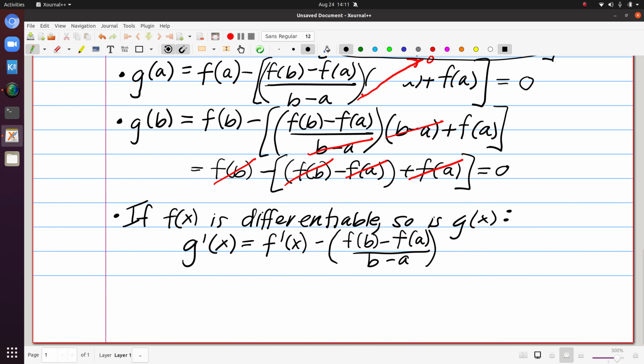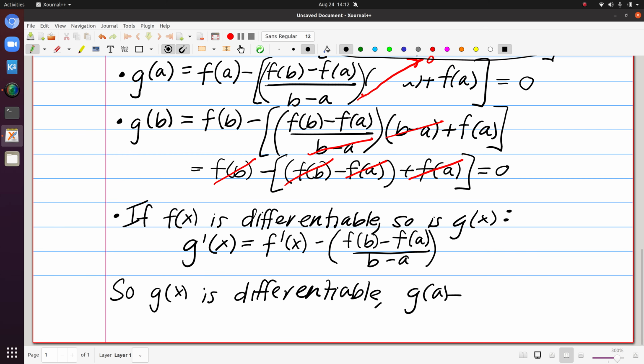So at this point, we have that g of x is differentiable, and likewise that g of a is 0 is equal to g of b.